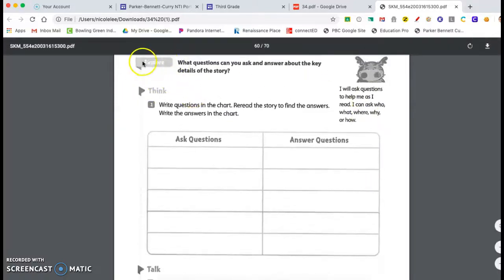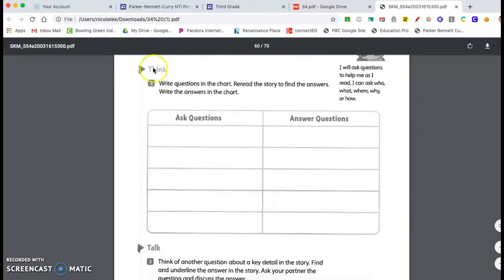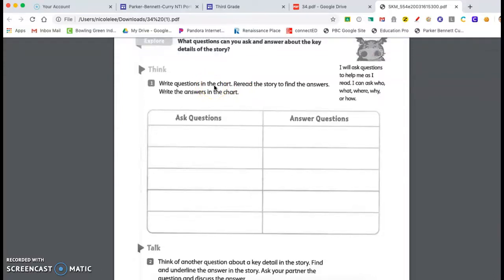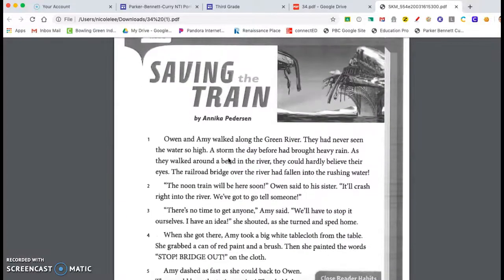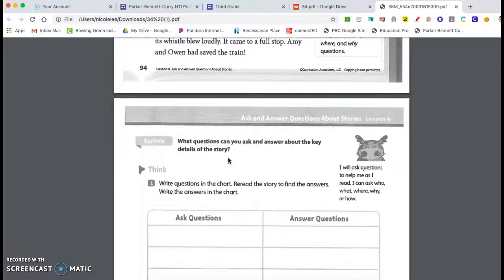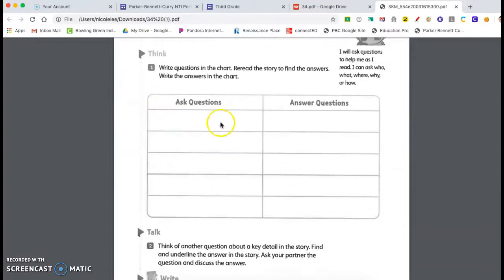Then it asks you to explore. What questions can you ask and answer about the key details of the story? This is where you're going to think. Write questions in the chart, just like we did with the first, not story, the 3 pictures. You're going to do the same thing, but with Saving the Train. So you're going to ask a question.